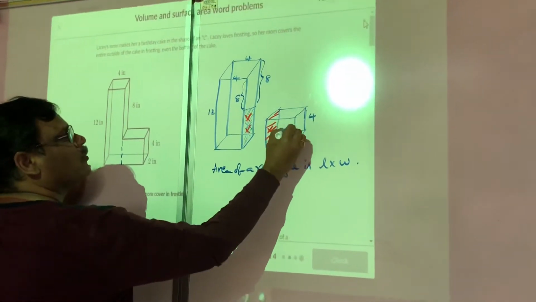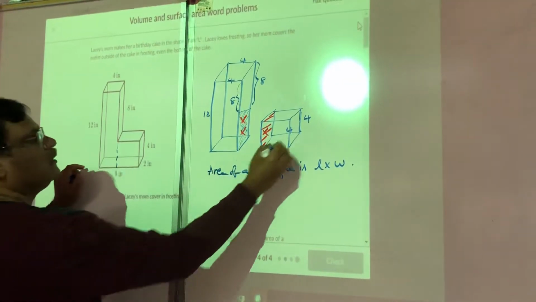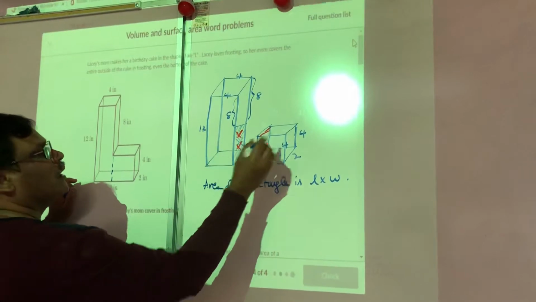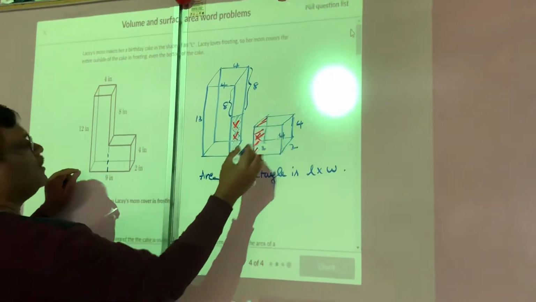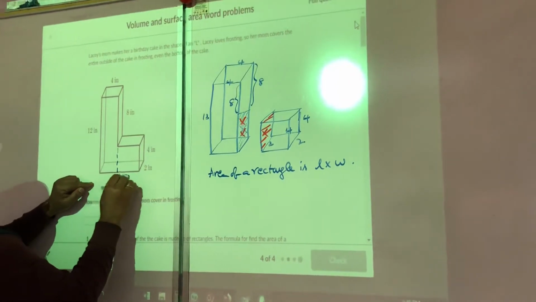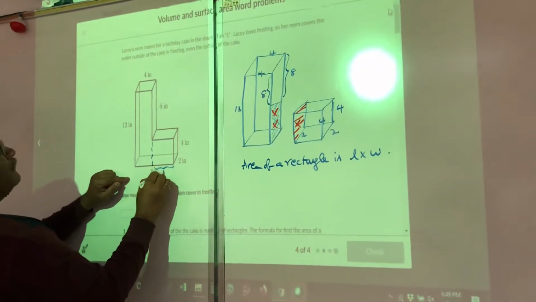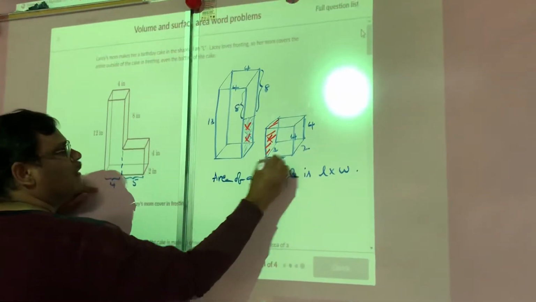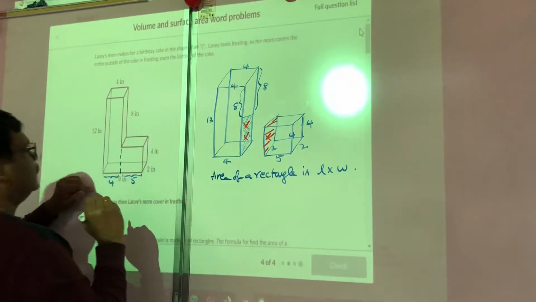If this is 4, then this is also 4. This is 2, and then this would be 2, right? On the top here, this whole thing is 9 inches. Since I'm breaking it, this would be 5 inches and this would be 4 inches. So this is 5, this is 4, right?